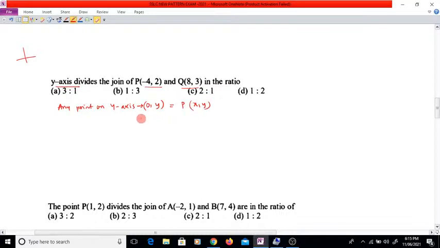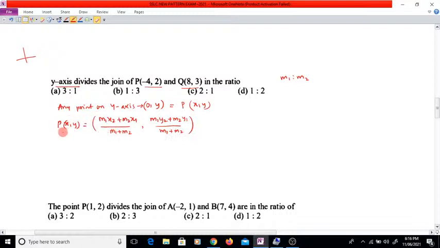So now we will use the formula, that is we have to find the ratio m1 is to m2. What is m1 is to m2? We have to find it. So P(x, y) equals m1 x2 plus m2 x1 divided by m1 plus m2, and m1 y2 plus m2 y1 divided by m1 plus m2. So now we can equate.